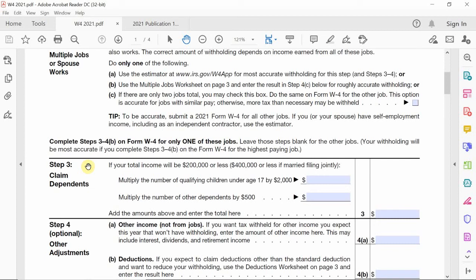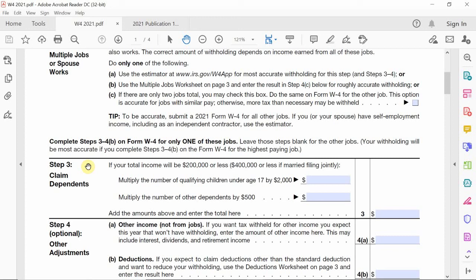So once again, the rules are, if you have a child that is under the age of 17, they're going to cost you $2,000 per year. Now that's very little, but that's just how the system works. They're going to treat every child that is a dependent as $2,000 per year.